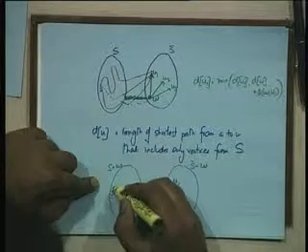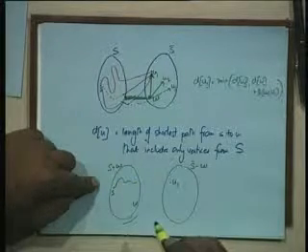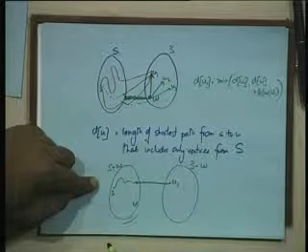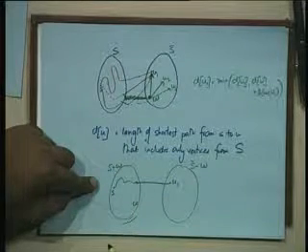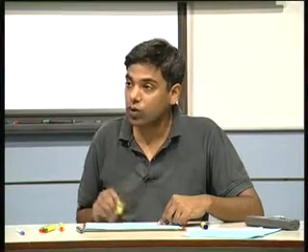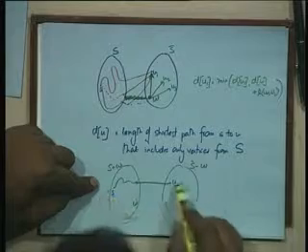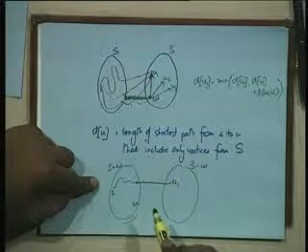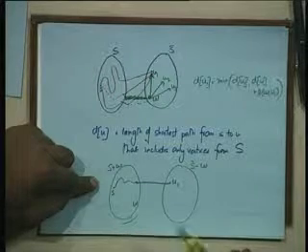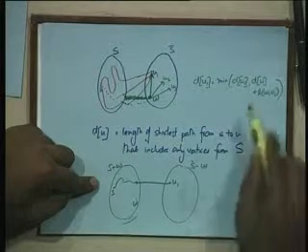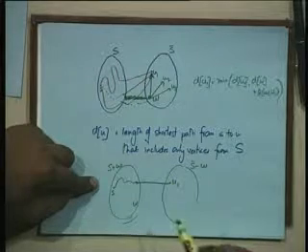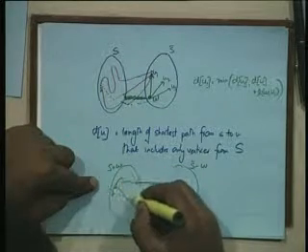So, either the paths do not include vertex w at all and go directly like this, but then the length of such a path is already captured in the earlier value of d of u1, right. d of u1 is smaller than the length of all such paths, or such a path includes w.